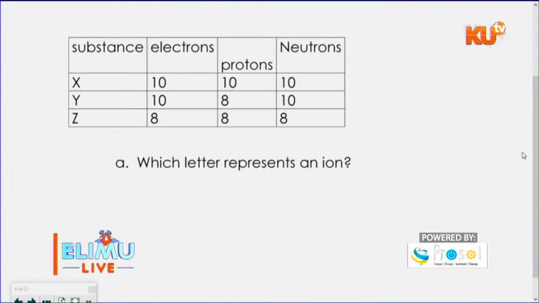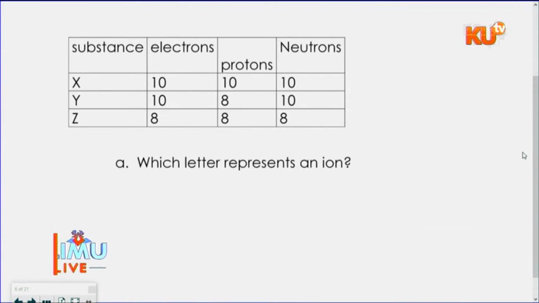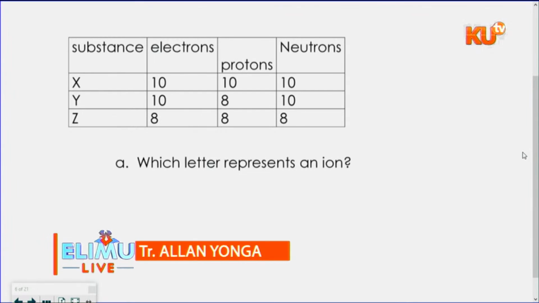If you look at Y, the electrons are 10 while protons are 8. It means the electrons are now more than protons. So that's what you can say is an ion. In short, your ion is substance Y. You put Y as your answer.